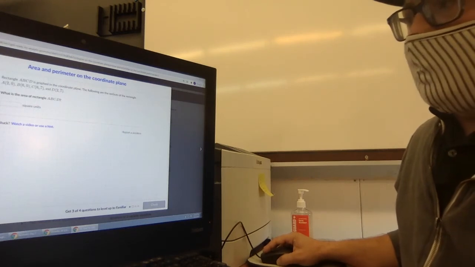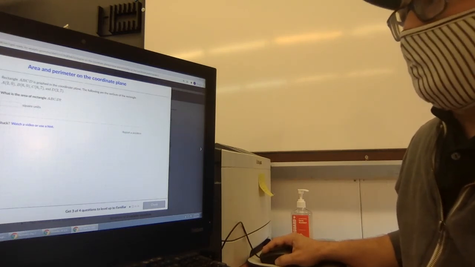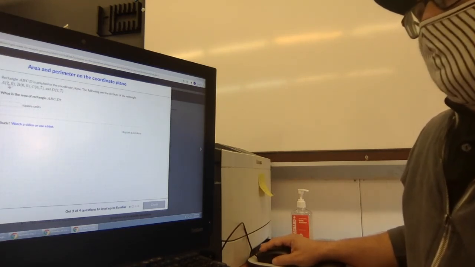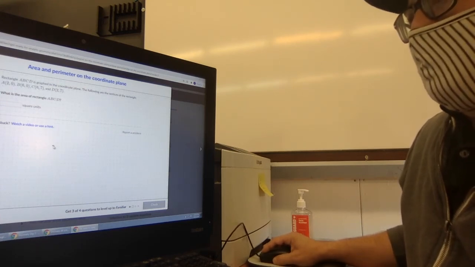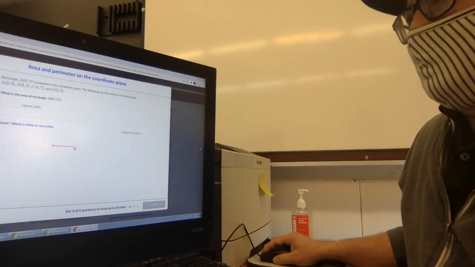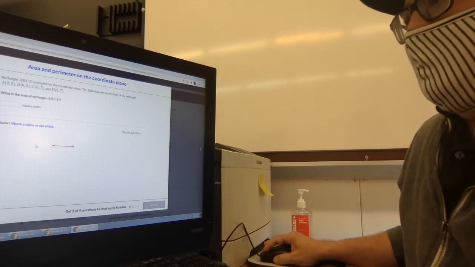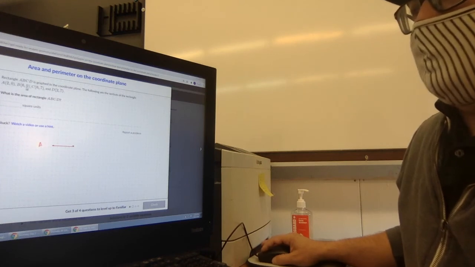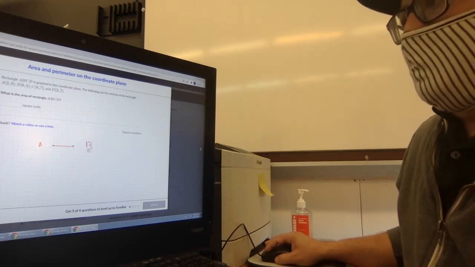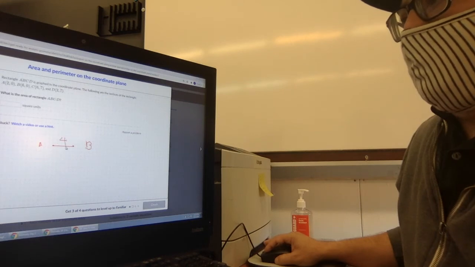Now, one thing you can do is if you have a coordinate plane, just use it. But honestly, these numbers are pretty simple. So this is going to go from 2 over to 6. From A to B is going to be 2 to 6. And 2 to 6 is going to be 4 units. You can put a 4 up there.